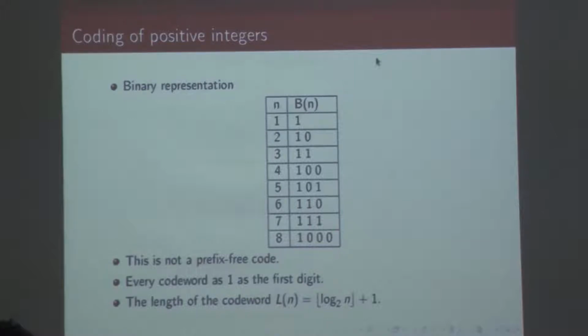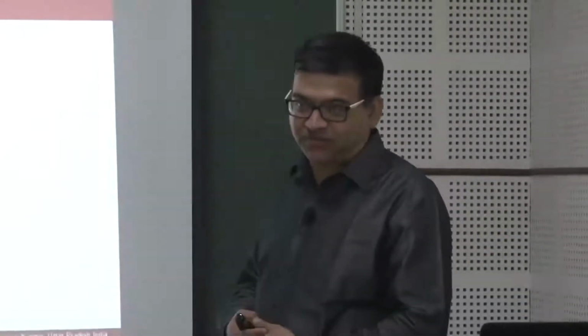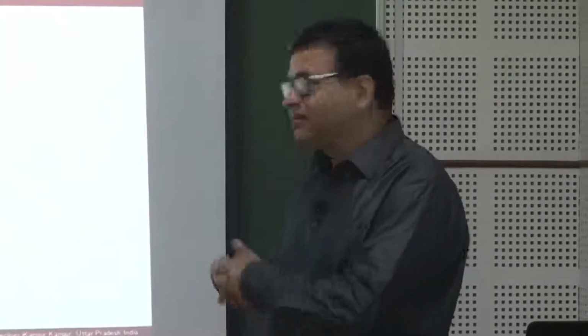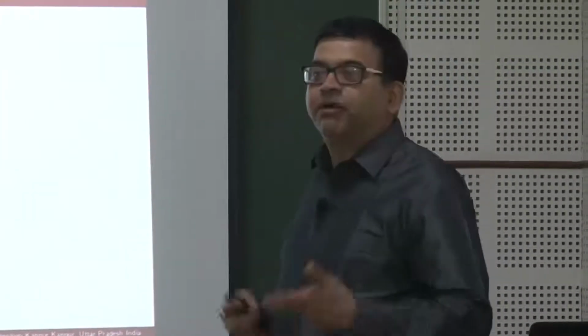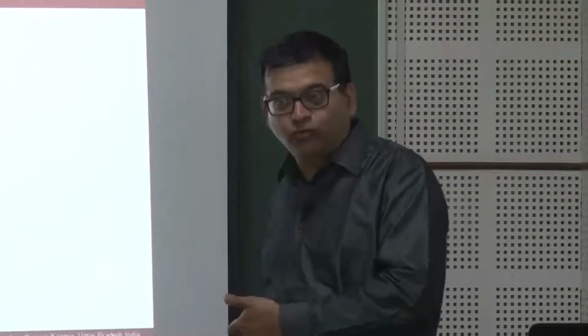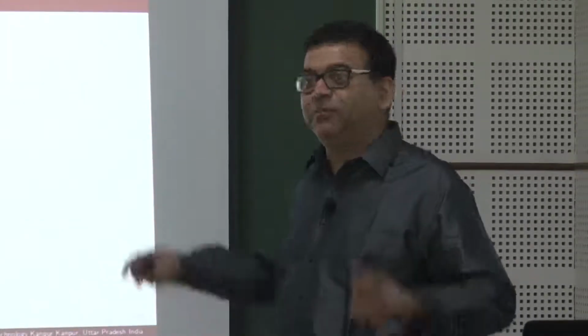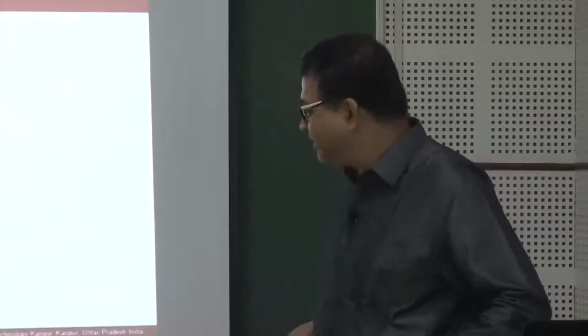We will have problems figuring out what the numbers are, where the boundaries are essentially. So, the thing that we like about binary representation is that it is very compact, but the thing that we do not like about it is that it is not a prefix free code. So, can we get a prefix free code where the number of bits required would be close to binary representation? That would be the ideal situation, right.